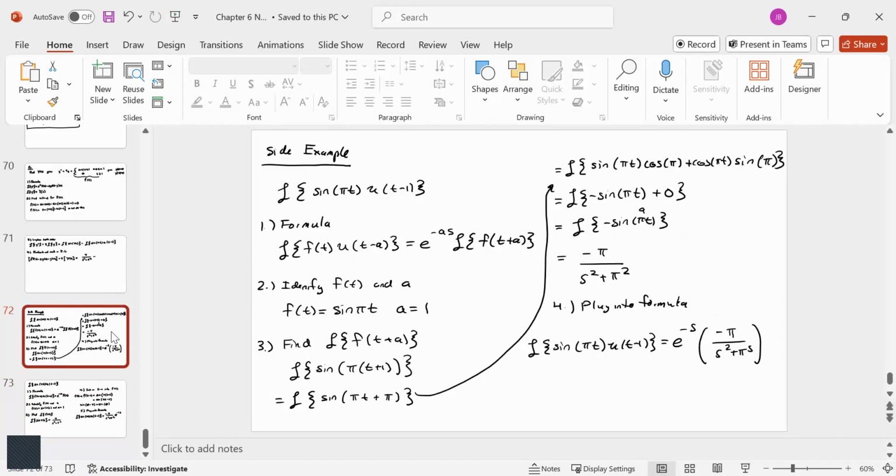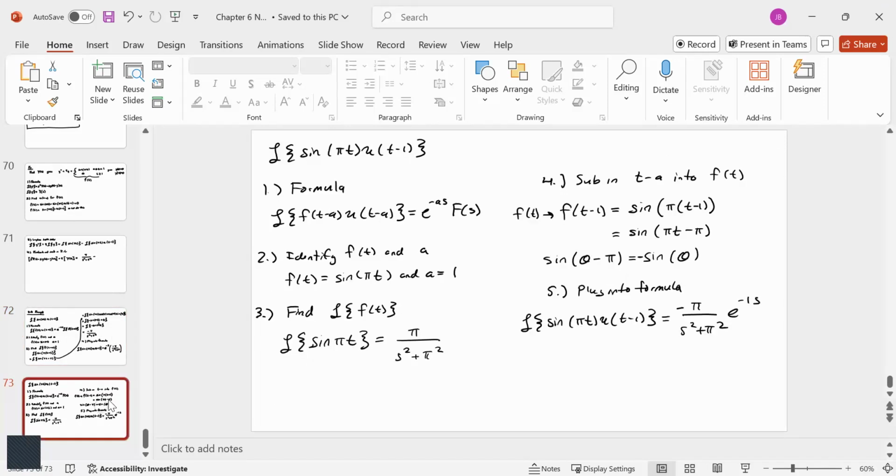So in reality, I think the first one's actually better now that I think about it. In either case, you have to use a trig identity, which is not fun. So, a long-winded side example, but that's the most challenging part: taking the Laplace transformation of a step function with another function. You just have to use some of those manipulations.